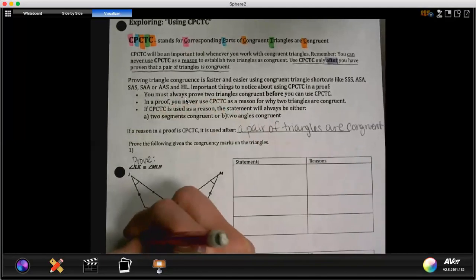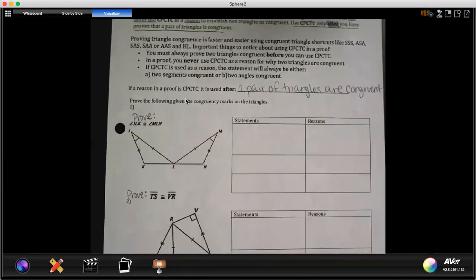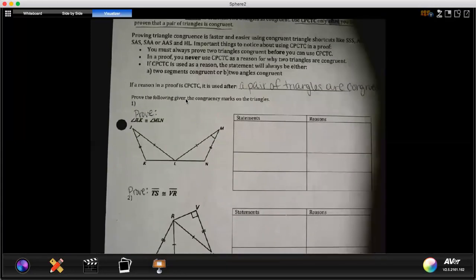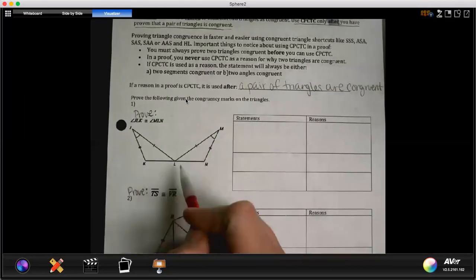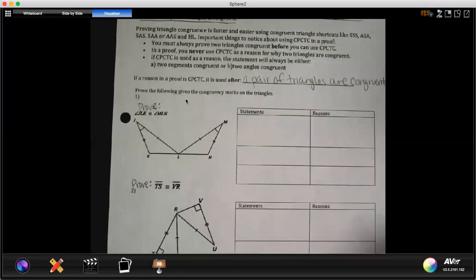Okay, we only know what we're trying to prove. Now, to say that we weren't given anything is not necessarily true. We are told things by our markings, but it wasn't written out for us. So that's part of the lesson today: noticing when things are congruent based on markings. So to make sure we have that skill down pat.